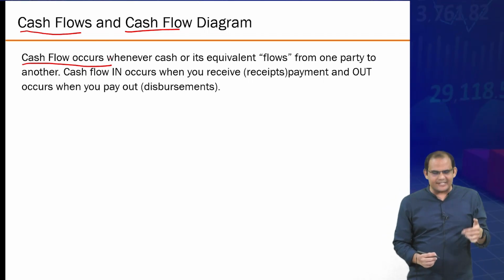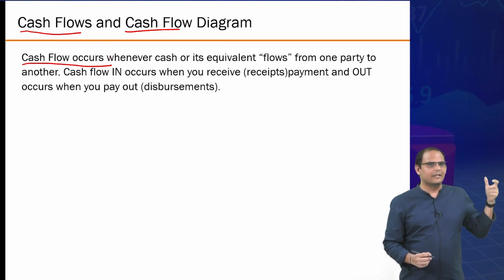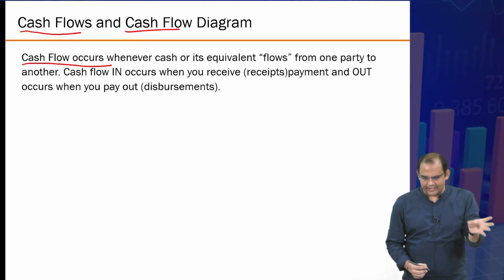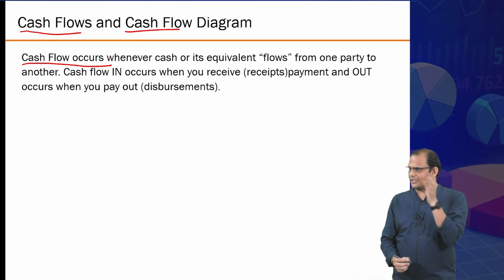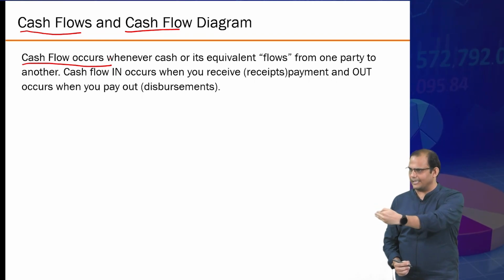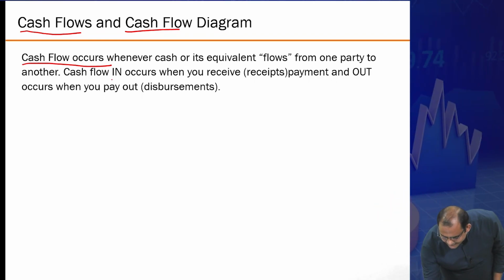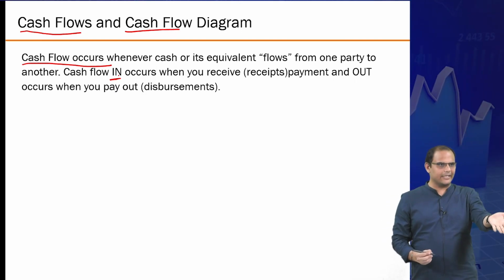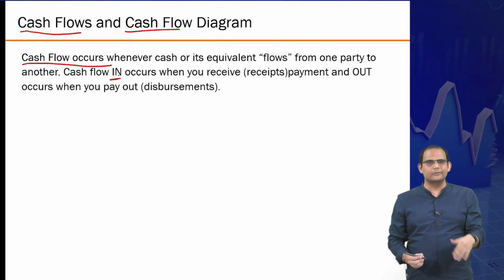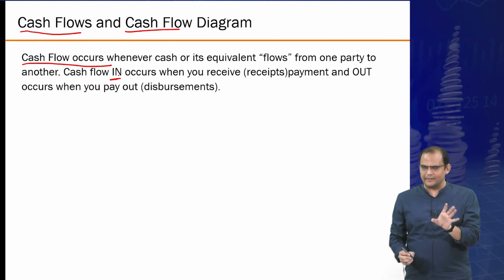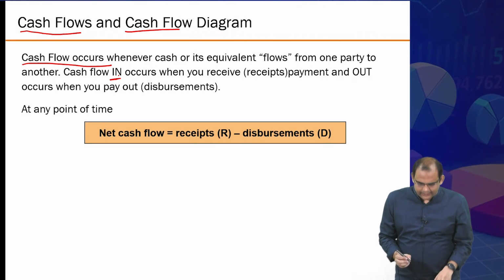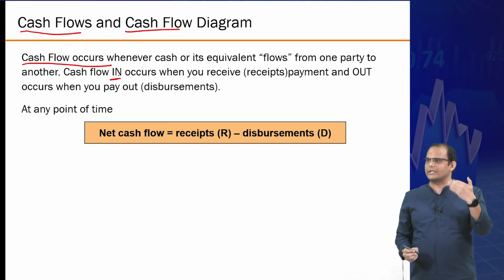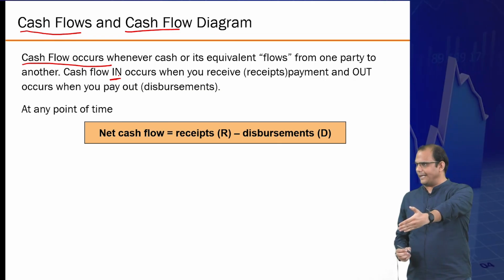A transaction occurs only when cash goes from one party to another, and that is called a flow because the money is flowing from one hand to another. So cash comes in when you receive the money, cash goes out when you pay the money, right? Simple. At any point of time, your net cash flow is the amount that you received minus the amount that you paid, right?